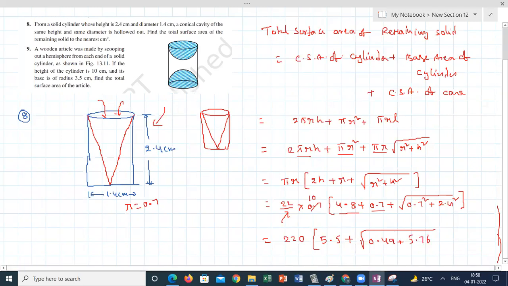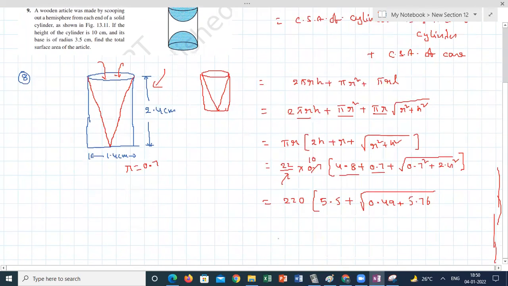It is 5.76. This will be 220 into 5.5 plus root of 5.76 plus 0.49.